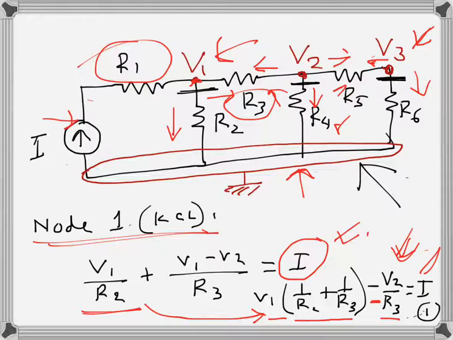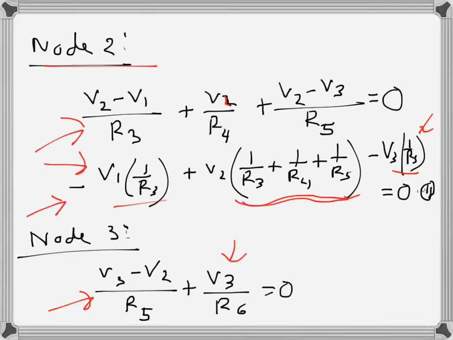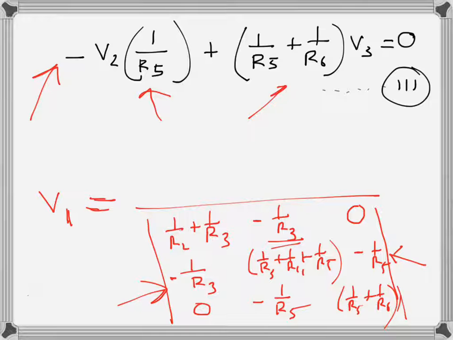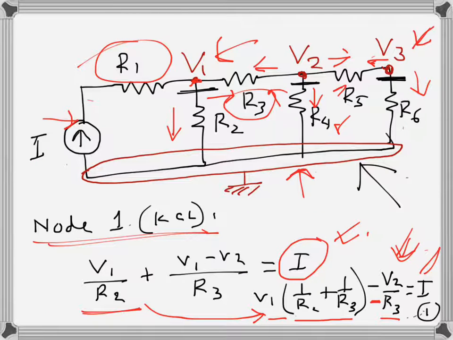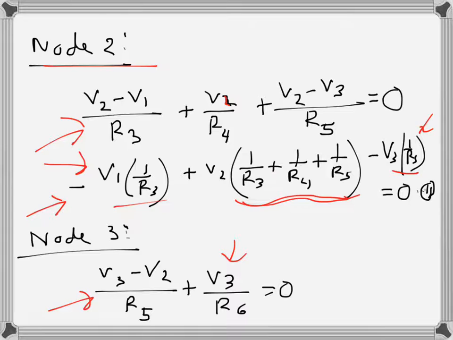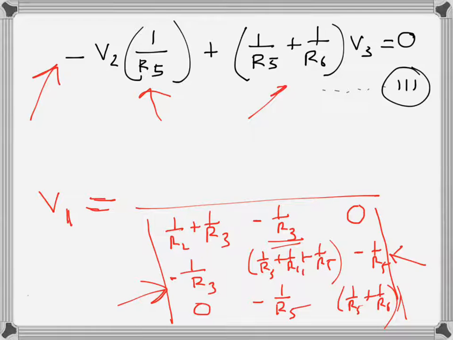And then the resistances connected to V3 are R5 and R6, so those two are coming as inverse sum, and the adjacent node is V2 only, and that one is connected with V3 by R5, so 1 over R5 is coming as a negative, and the coefficient of V2, so that's there.